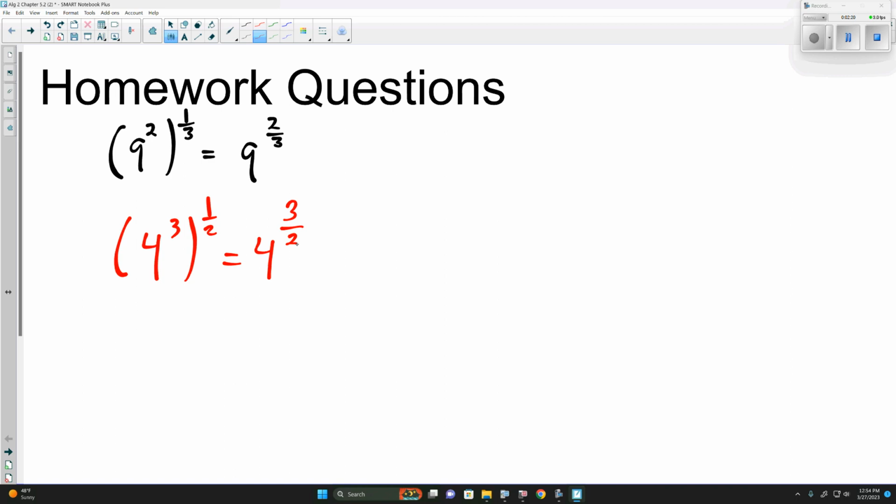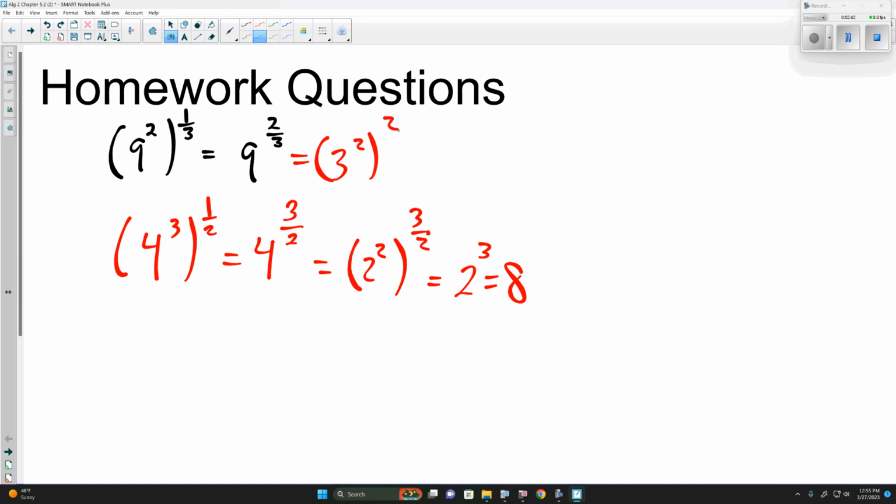But the 1/2 is the same as the square root. And 4 is 2 squared to the 3/2, which gives us 2 to the 3rd, which is 8. Because if we can reduce that power, we're going to want to. Now here, we could have said this is 3 squared to the 2/3, which is 3 to the 4/3, but that's not reducing the fractional exponent. So we'll just take that there.